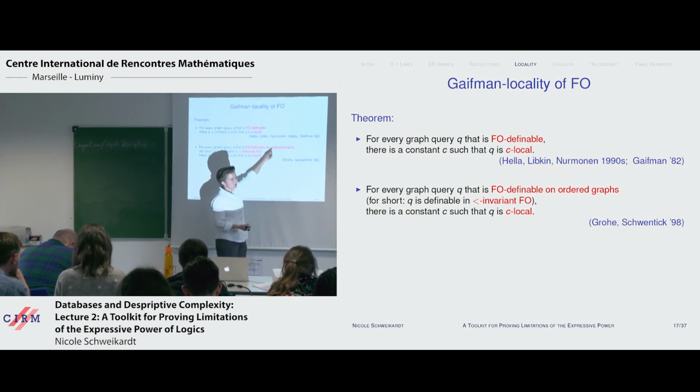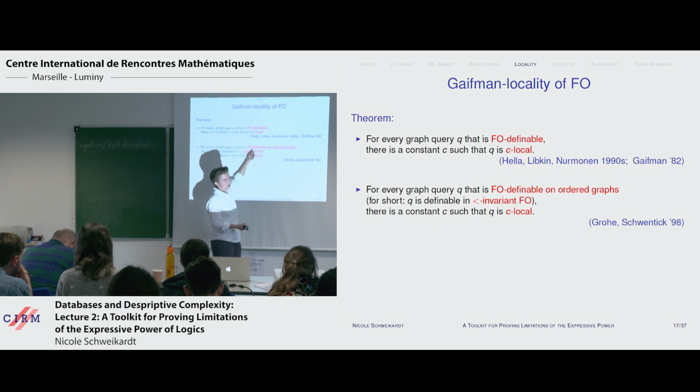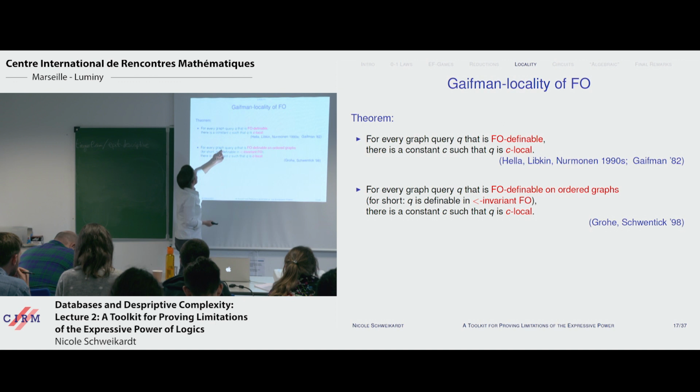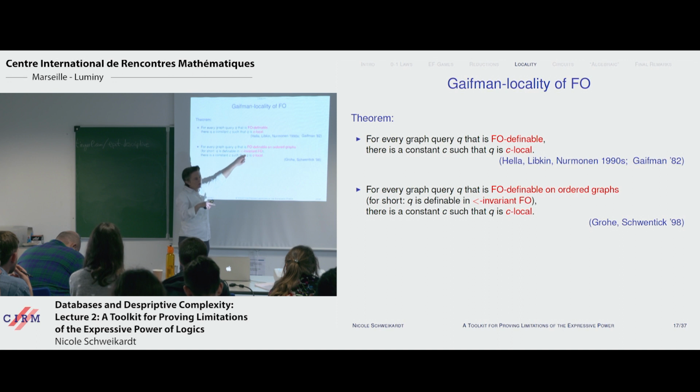But on ordered graphs means you can also use a linear order on the graph. But graph query means the result of the query should only depend on the edge relation and not on the particular linear order that you choose. That's also called order invariant. So your formula can make use of the order, but the result of evaluating the formula should only depend on the edge relation of the graph.